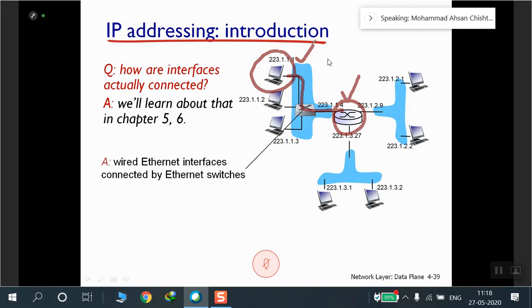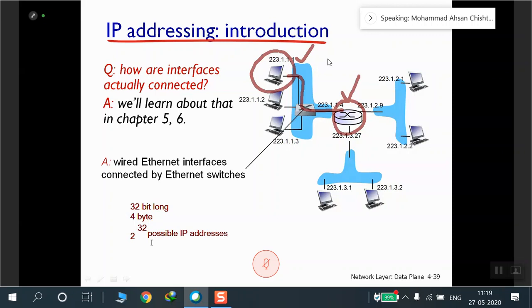And what is an IP address? An IP address is 32 bits long. That is number one. So if it's a 4-byte address, this means there are 2 to the power of 32 possible IP addresses.